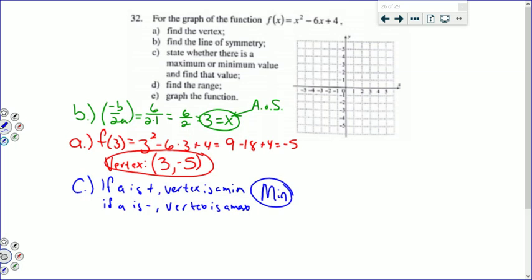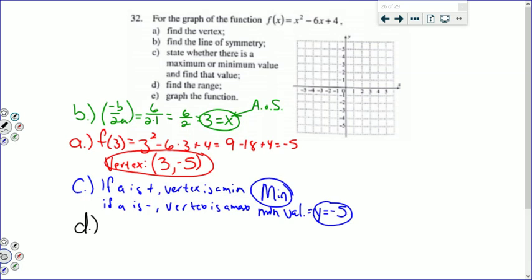So then for part C2, the minimum value is y equals -5. Y equals -5 is our minimum value. All right, so that does it for part C. Part D, since it is a minimum, our vertex is the bottom of the graph.